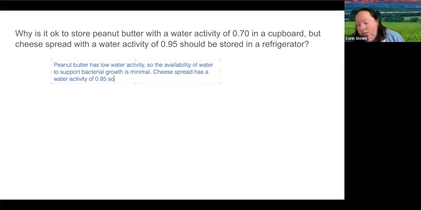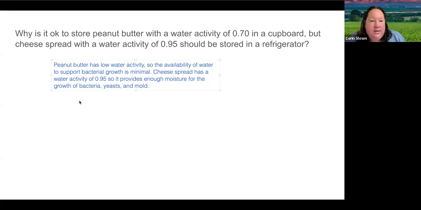So it provides enough moisture for the growth of bacteria and yeasts and mold.